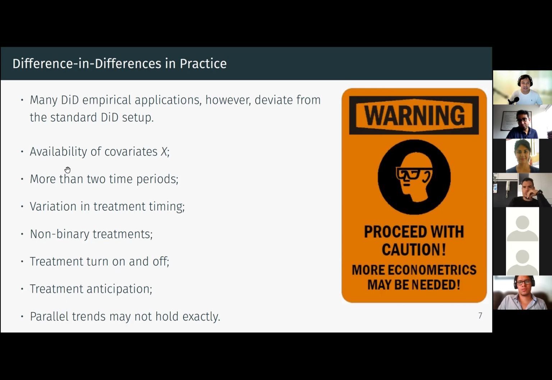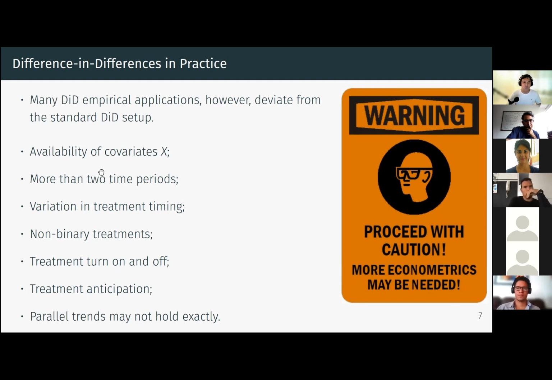Another thing that has seen a lot of action, and is very common in applications, is that we do not have only two time periods. We may have more than two time periods. We have many time periods. And once we have several time periods, it is only fair to allow for people to be treated at different points in time.